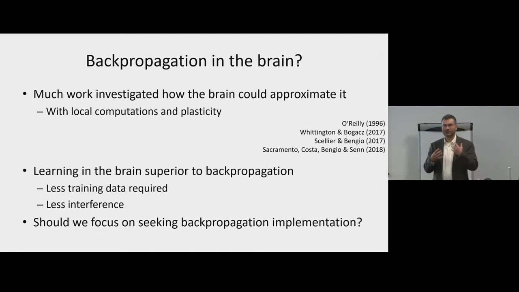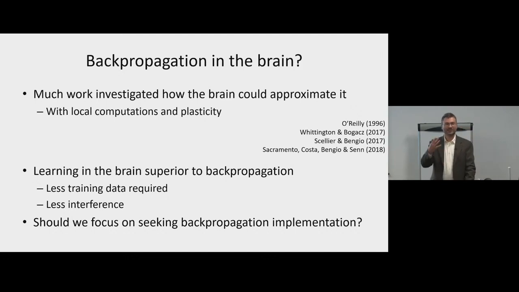Because of these superior abilities of biological learning, there's this question of whether we should really focus as a field on trying to understand how the brain implements backpropagation. I would try to argue in this talk that the answer to this question is no. Because in fact, the brain, in my opinion, doesn't do backpropagation, but does something fundamentally different, which we call prospective configuration.